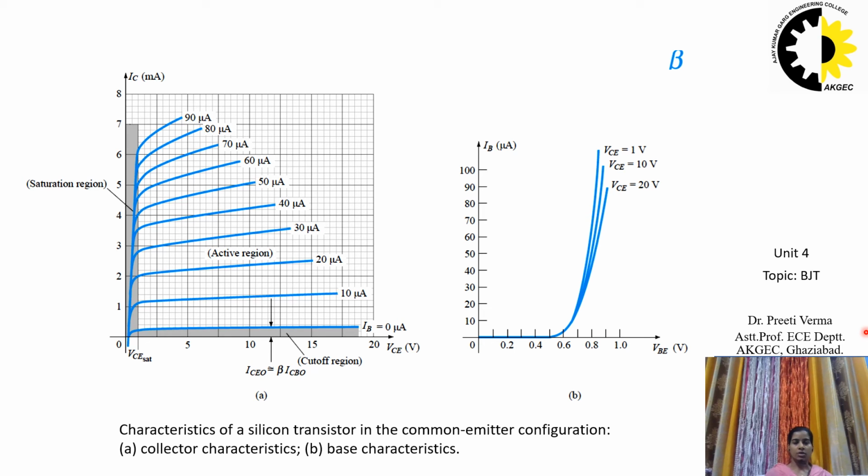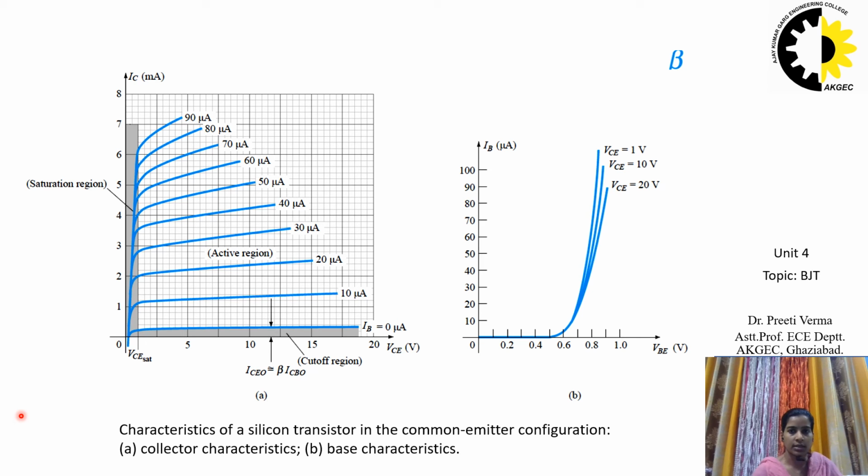For the common base configuration, when the input current IE was equal to 0, the collector current was equal only to the reverse saturation current ICO, so that the curve IE equal to 0 and the voltage axis were for all practical purposes the same.